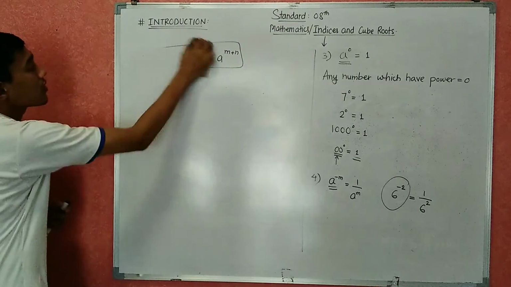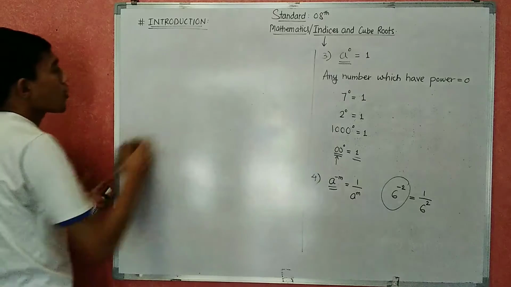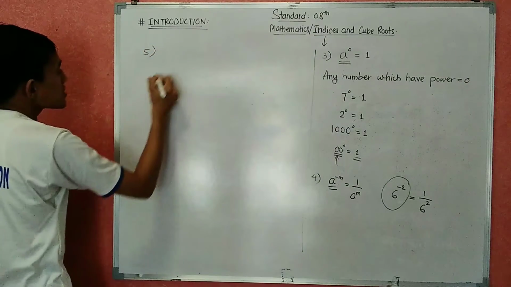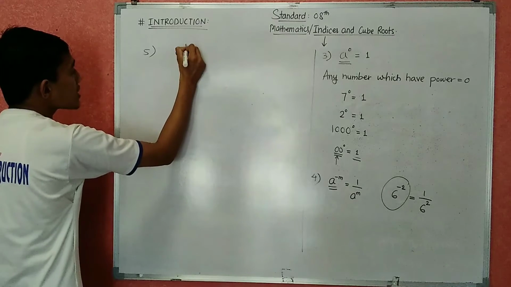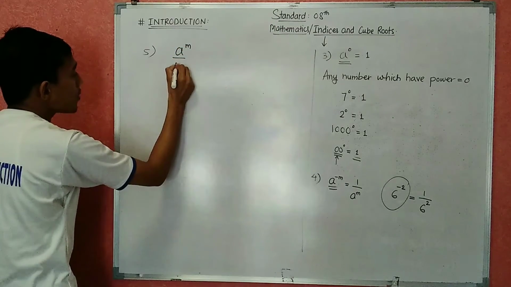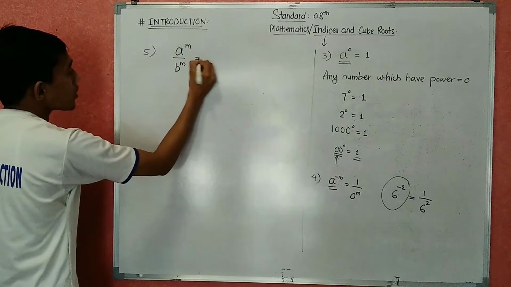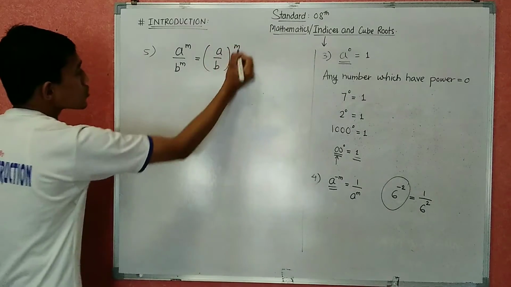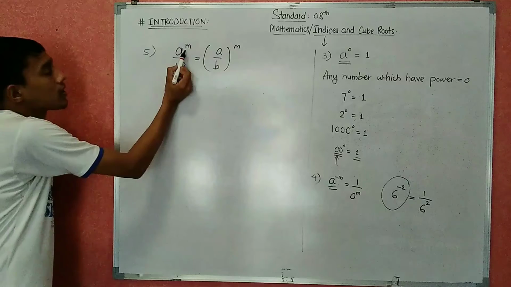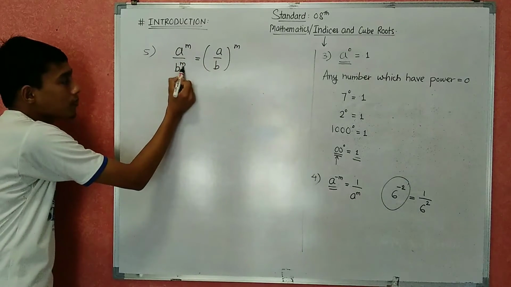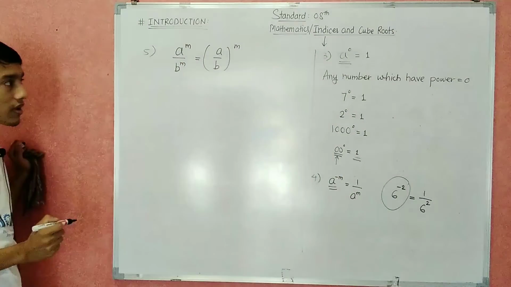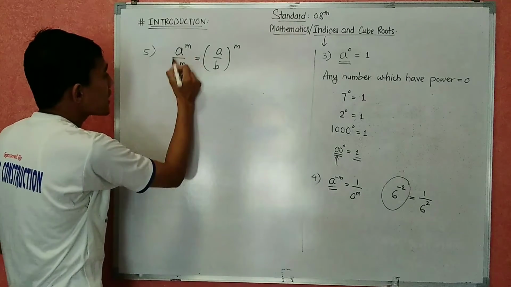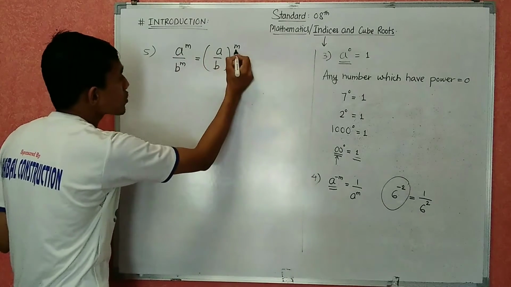Now another law of indices is a raised to m upon b raised to m equal to a upon b, raised to m. If the power is the same and the bases are different and we are performing division between those two numbers, then we can take the power as common.